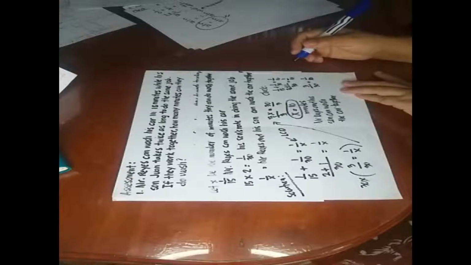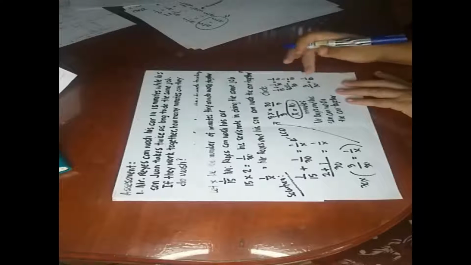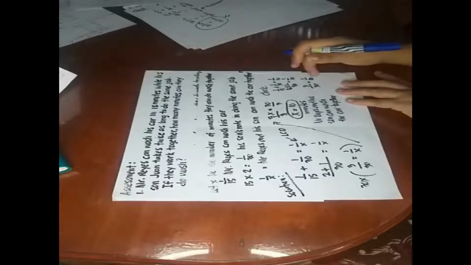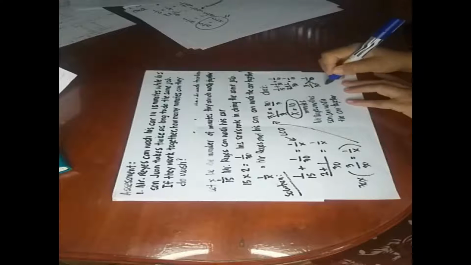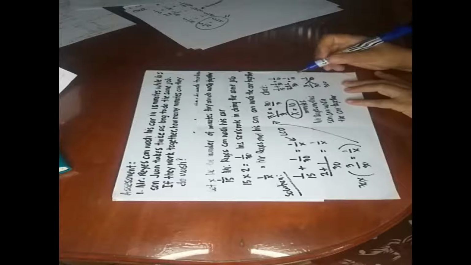Okay, so to remove the denominators, you can apply cross multiplication. 30 times 1 is 30. 3 times 10 is 30.